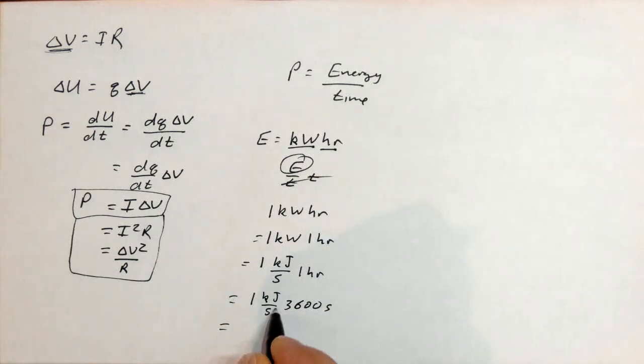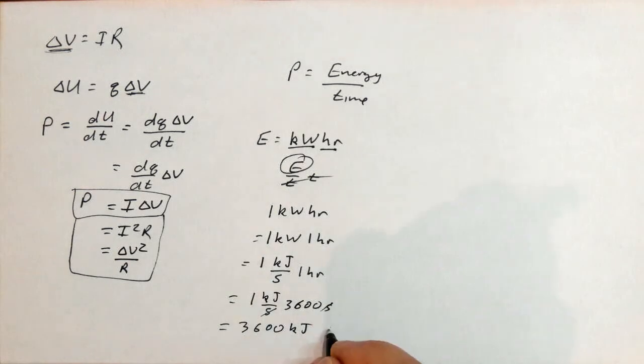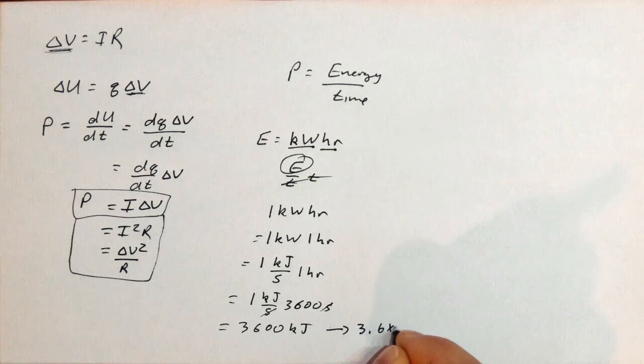And so the seconds now cancel, and we get 3,600 kilojoules, which is 3.6 times 10 to the 6th joules. So 3.6 million joules. That's how much energy is in 1 kilowatt hour.